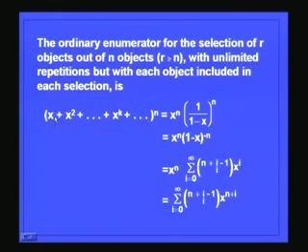So, the ordinary enumerator is given by this expression, and if you take out x power n, this is equal to x power n into (1 by (1 minus x)) to the power of n, that is (1 minus x) to the power of minus n.